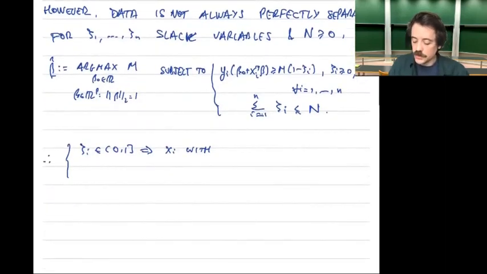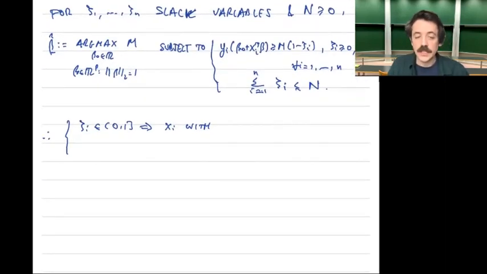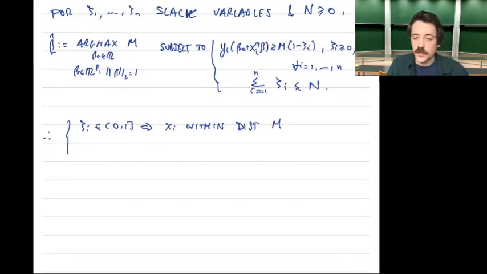Okay. So this means that x_i is going to be within distance M to the decision boundary.